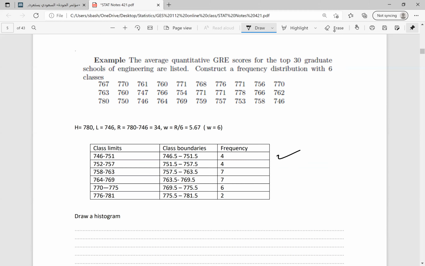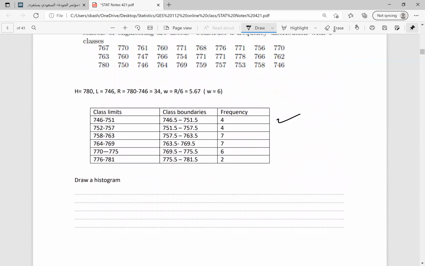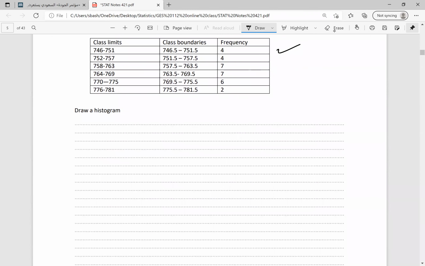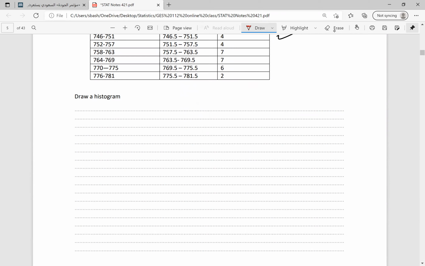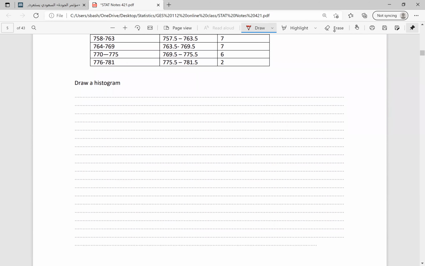Now we need to graph the histogram. Same thing: a vertical axis and a horizontal one.